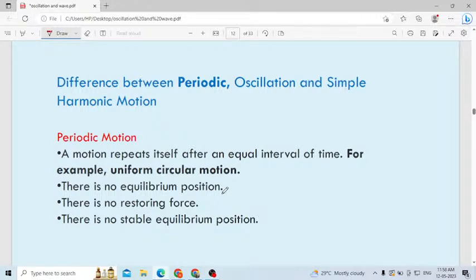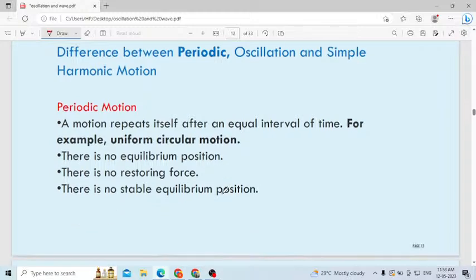Let us discuss the difference between periodic oscillation and simple harmonic motion.